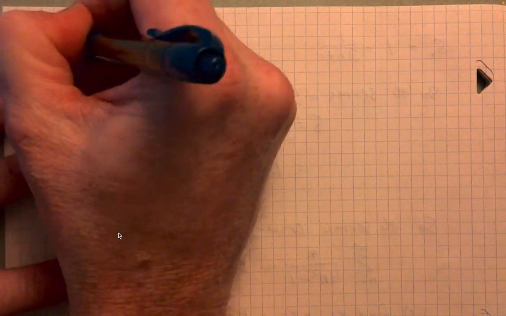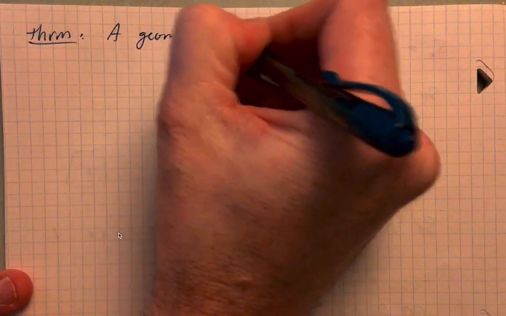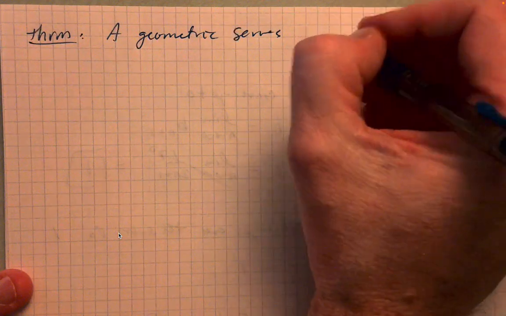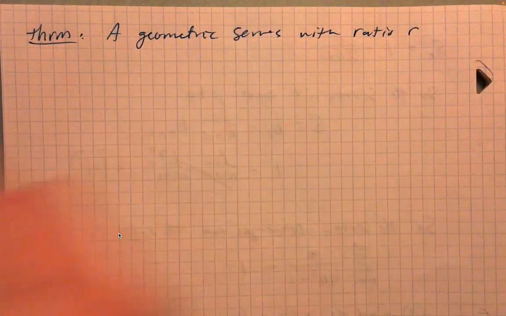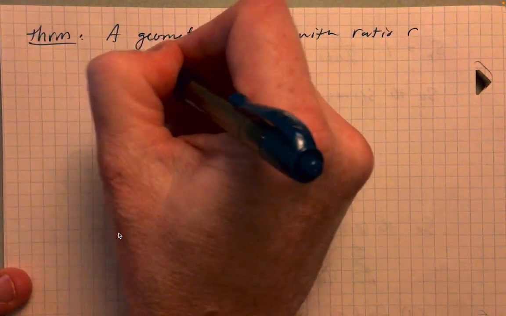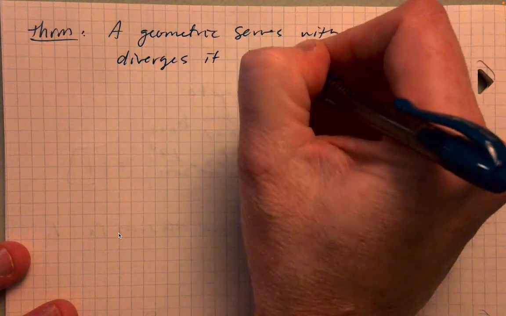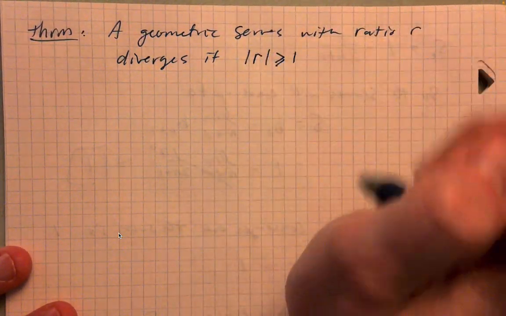We can say something very precise about geometric series, actually, and we've got a nice theorem. A geometric series with ratio r diverges if the absolute value of r is greater than or equal to 1.